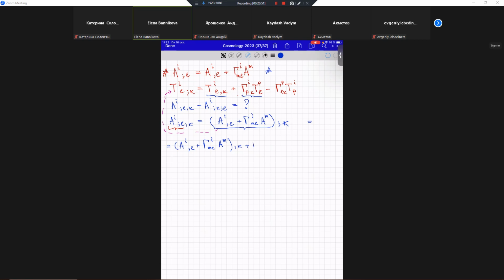So I put here as a multiplier the Christoffel symbol, P K. And instead of this, I will use this one. But instead of I, I need to put P. So I write A_P L plus gamma P M L A_M.